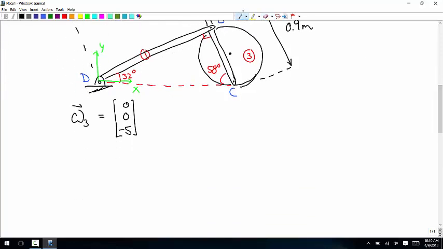Okay, so what we know is that because of that pin joint, the velocity vector at C according to member 2 has to be equal to the velocity at C according to member 3. And we know that the velocity at B according to member 1 has to be equal to the velocity at B according to member 2.